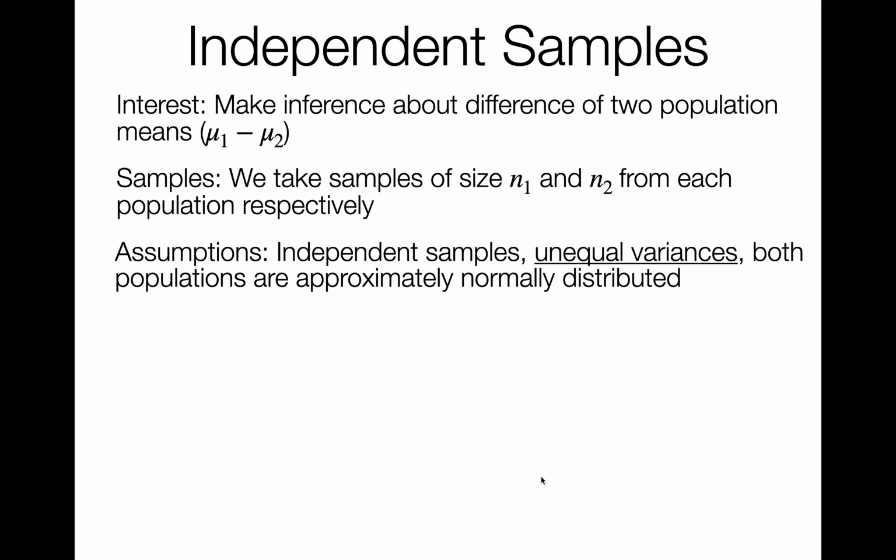Could be sophomores and juniors. Because they're not the same people, they'd be independent. Now, if I took measurements when people were a sophomore and when people were juniors, if I took measurements on the same person, then those samples and hence populations would be dependent, right? Because they're the same person for both samples. But if it was different people, then we should be okay.